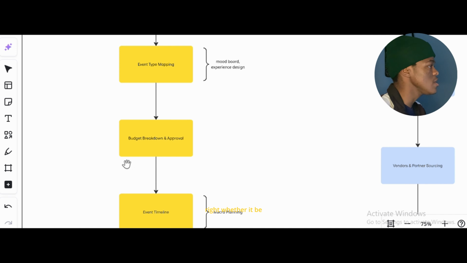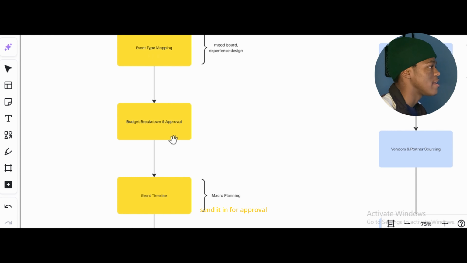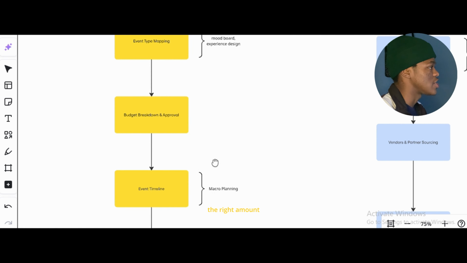Whether it be fences, the stage, or lighting equipment that needs to be rented, this is where we break it down. How much does it actually cost? And then we send it in for approval from the person that handles the budget, and he approves it.